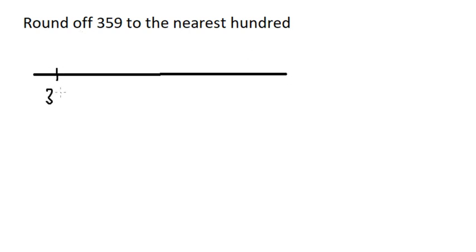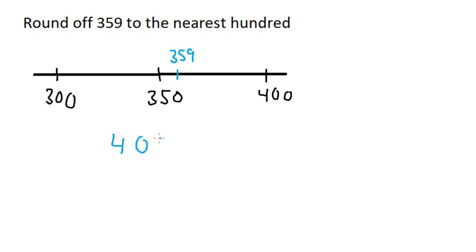Mark off 300 because that's the 100 less, mark off 400, that's the next 100 up, and 350 is right in the middle. So 359 would be a little bit bigger than 350, so it would be somewhere over here. Since it is closer to 400, to the right of 350, it would round to 400. That would be the answer to round off 359 to the nearest 100. Cool, very similar problem there.